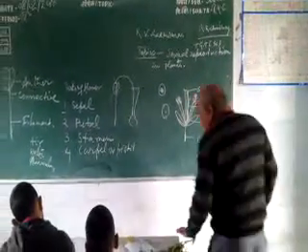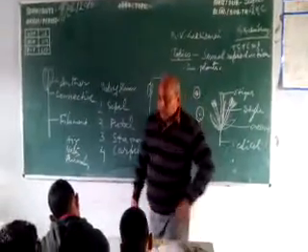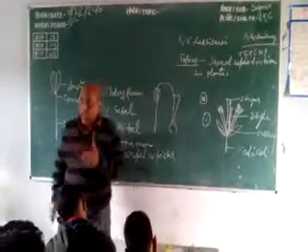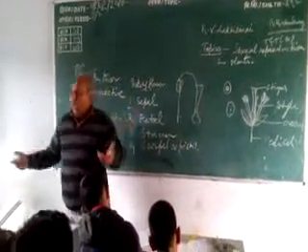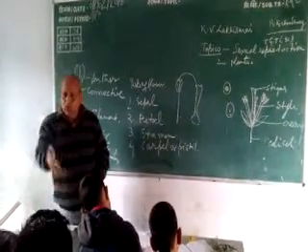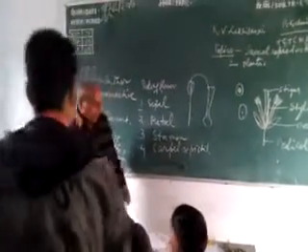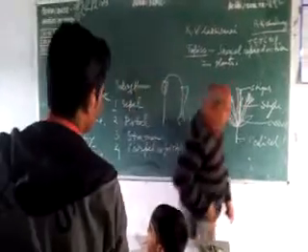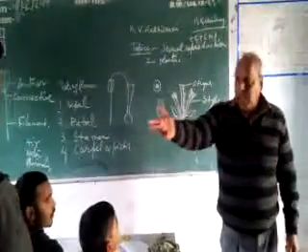Now, because this is the revision class, you know about the kinds of pollination. So I want to know how many kinds of pollination are there? How many? Yes, 2. Yes, very good.